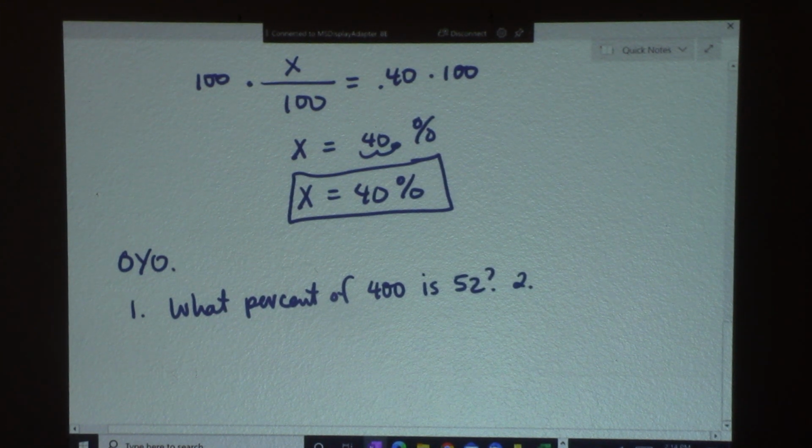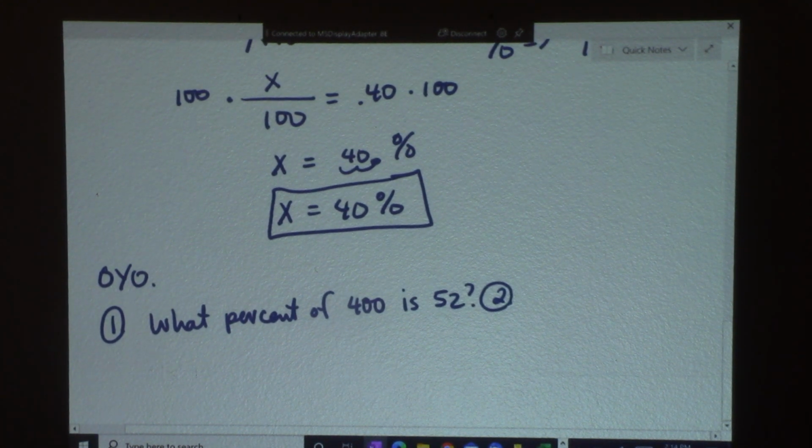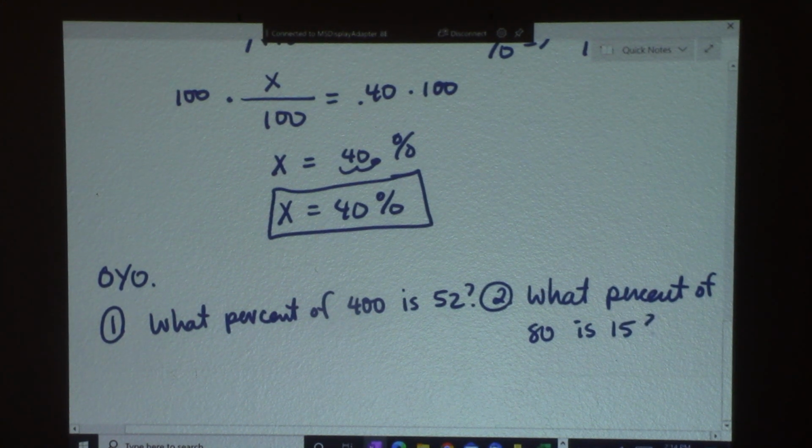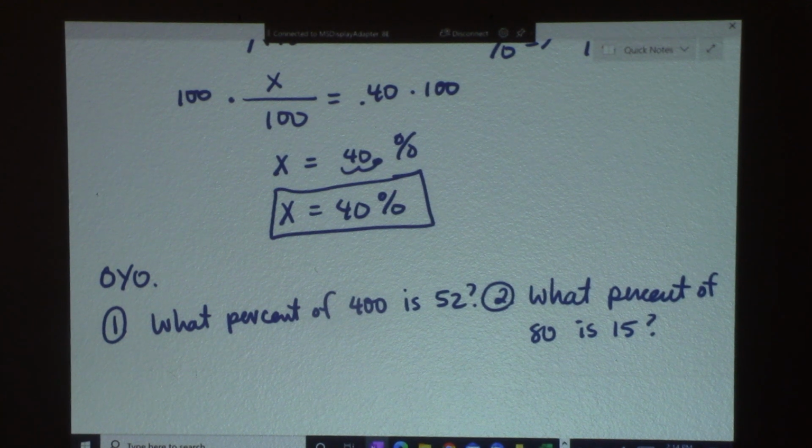And number 2, I'm going to put a circle around these because I don't want to confuse what numbers are part of the problem and what numbers are the problem numbers. What percent of 80 is 15? Okay, so you can go ahead and pause the video, and we'll come back in just a few minutes. I'm going to keep going.